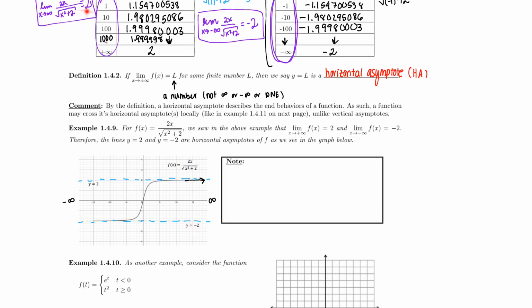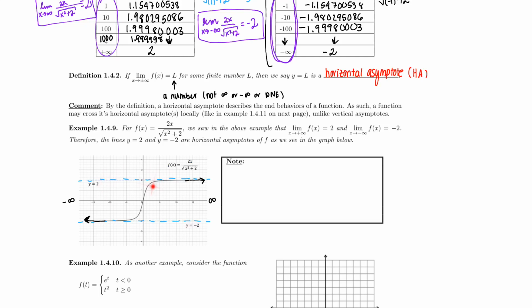And that was the limit as x went to positive infinity. And then as x goes to negative infinity, so as it goes off the graph this way, there's a horizontal asymptote at y equals negative 2.